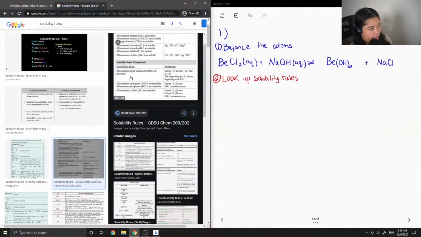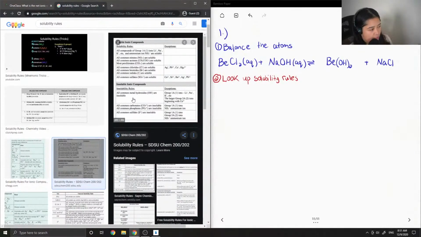Okay, so for the insolubility rules, it says all common metal hydroxides with OH are insoluble. Okay, so this is actually our compound. Beryllium is not a group 1A metal. The larger group 2A ions beginning with 2+, calcium 2+. Okay, so that's not beryllium as well.